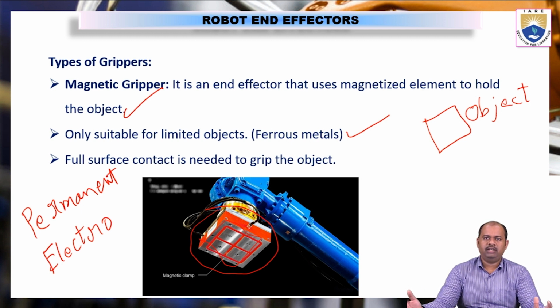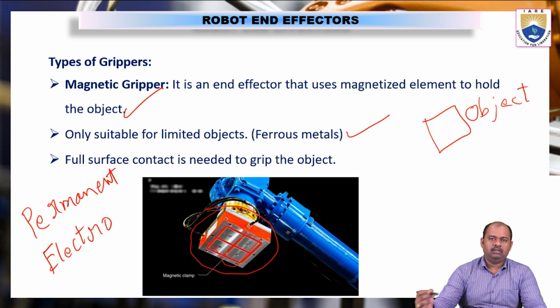And when it reaches the end point where the object has to be separated from the magnetic gripper, we have to use a separate tool or a separate robot in order to remove the object which is magnetically attached to the magnetic gripper. So that is one major disadvantage of using a permanent magnet in the magnetic gripper. We cannot use a permanent magnet because we have to use a separate tool for removing the object from the magnet, because it cannot lose magnetism instantly.